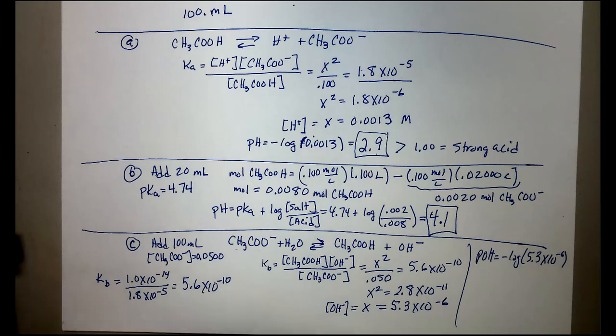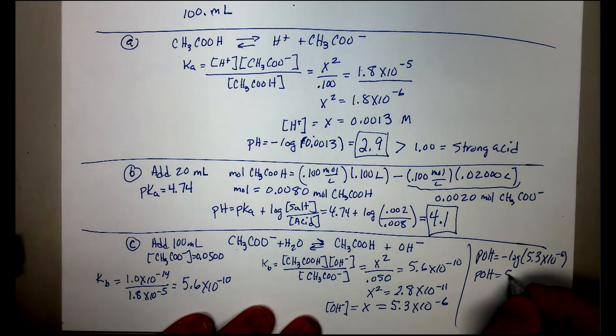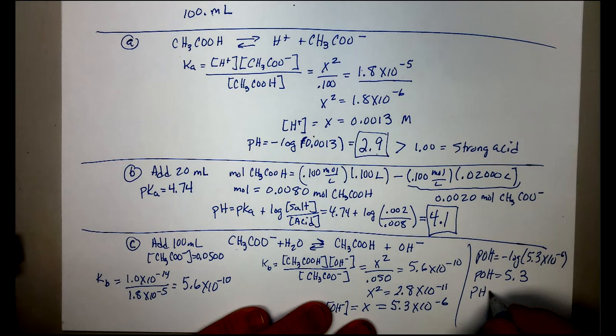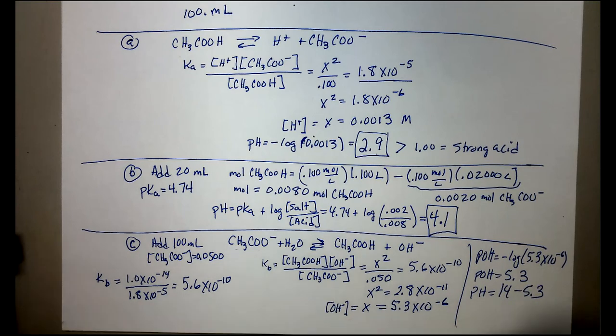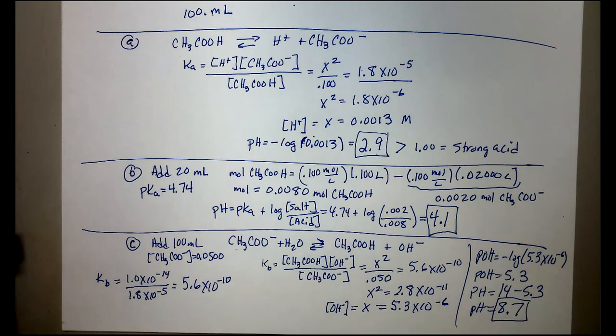We're going to get a pOH of 5.3. But the pH will be 14 minus 5.3. So we'll subtract there, and we get a pH at the equivalence point of 8.7.